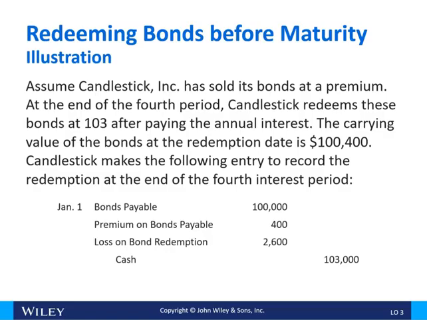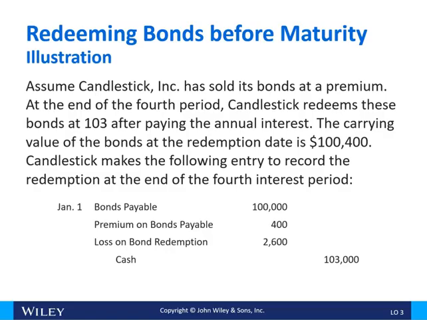We eliminate our liability, bonds payable, the face value, so we debit bonds payable $100,000. We have a carrying value more than our face value, so we still have a credit in our premium of $400. So we're going to debit premium on bonds payable of $400.